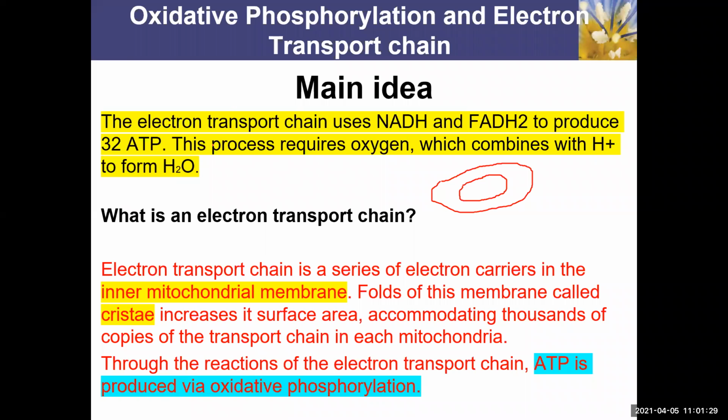So you have to remember that the electron transport chain is a series of electron carriers present in our inner mitochondrial membrane, in the cristae of the mitochondria. Because if you remember, the mitochondrial inner membrane is thrown into folds which we call the cristae. Look at this. In this membrane you will find the electron transport chain present.